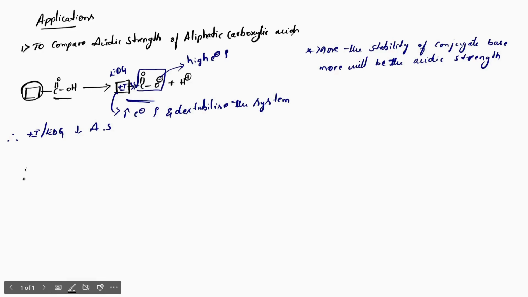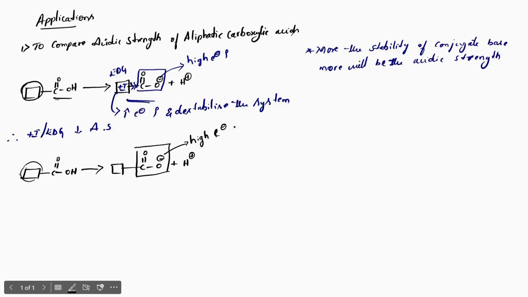Consider a carboxylic acid again, C double bond OOH. This is an aliphatic group. After donating the proton, it becomes C double bond O minus plus H plus. Here, this is the high electron density part. In order to stabilize this system, this electron density has to be reduced.